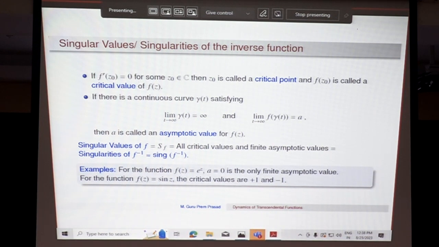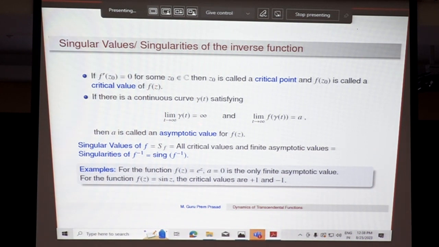Another two things influence this dynamical thing, iteration theory: one is the critical value, another is the asymptotic value. The critical value is defined like this: the derivative is equal to 0 at some point z naught, and the function value at z naught is called the critical value.